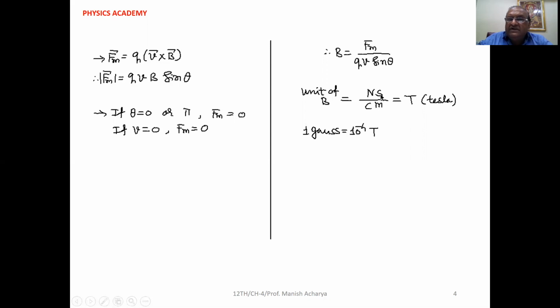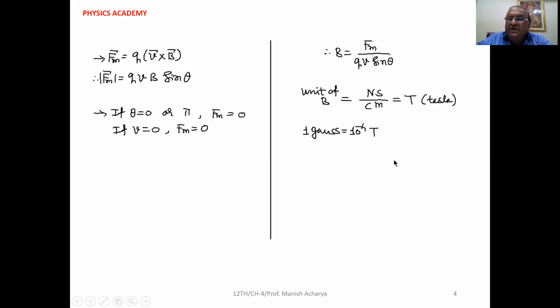Now this Newton second upon coulomb meter is called Tesla, after the name of the scientist. Tesla is the SI unit of magnetic field B. Its smaller unit, a non-SI unit, is called Gauss, and 1 Gauss is 10 raised to minus 4 Tesla.